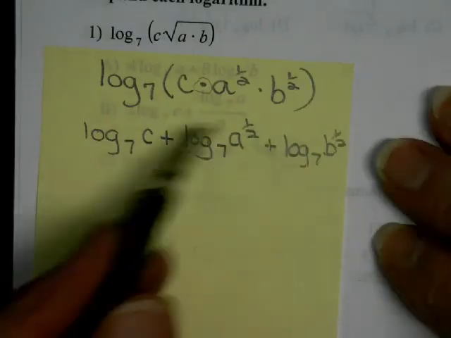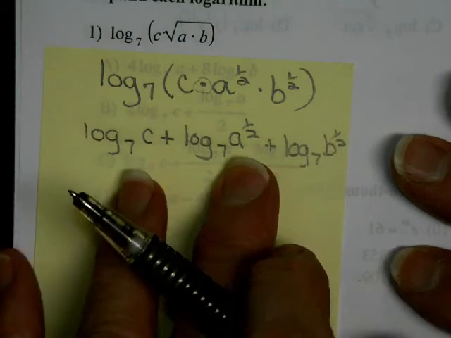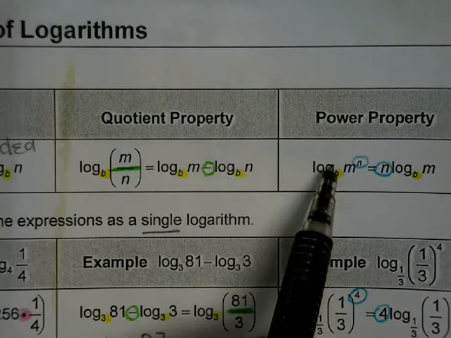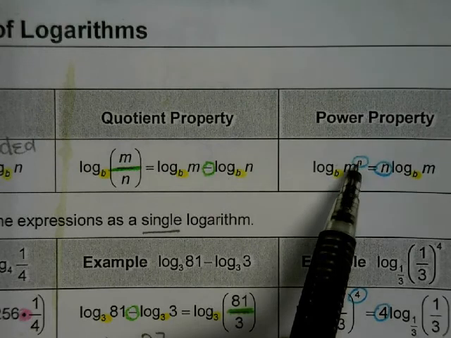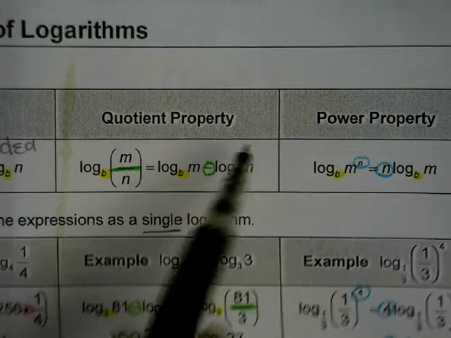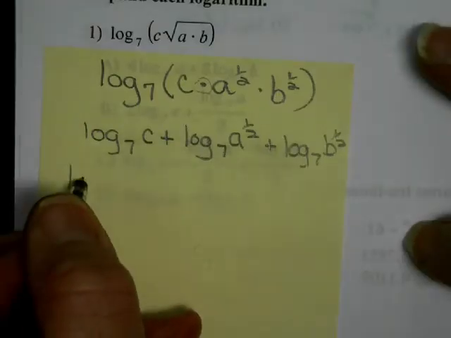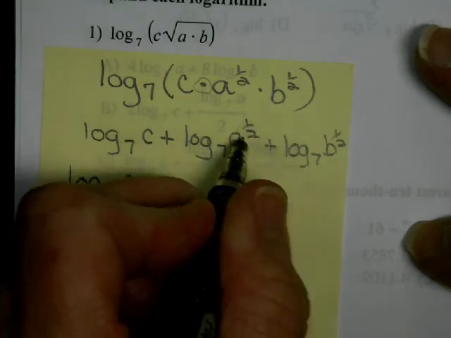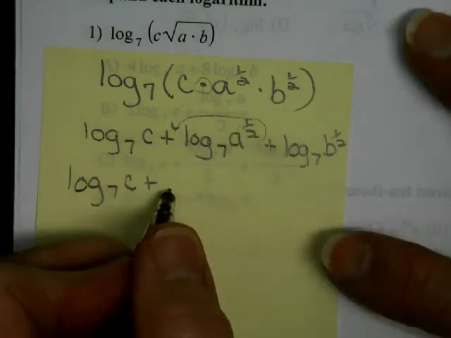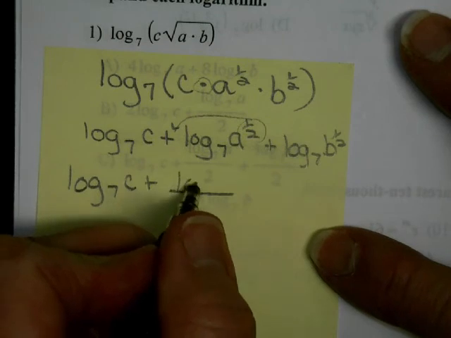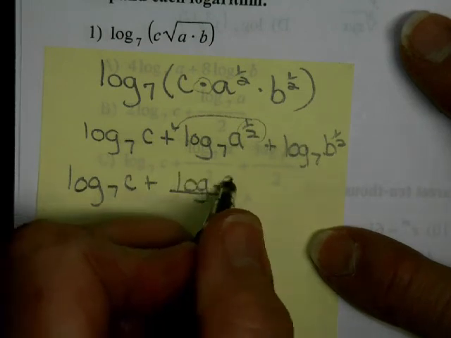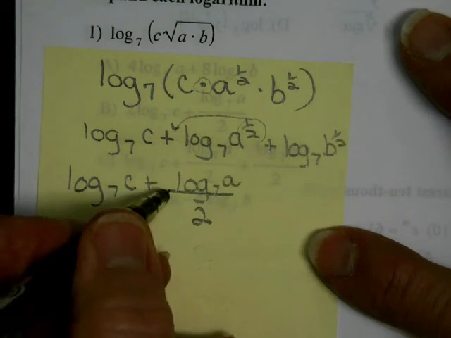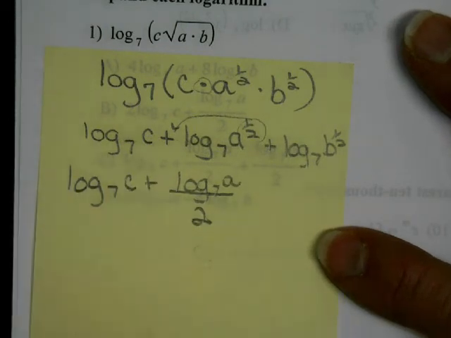But none of the answers have this. You have to remember the power property. When you have a power, it turns into a multiplier. So this is log base 7 of c plus the 1/2 becomes multiplied out to the side, which is really log base 7 of a over 2. If I multiplied log base 7 of a times 1/2, I get this result.